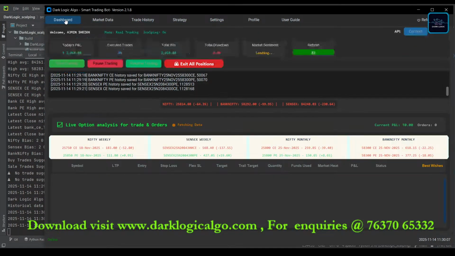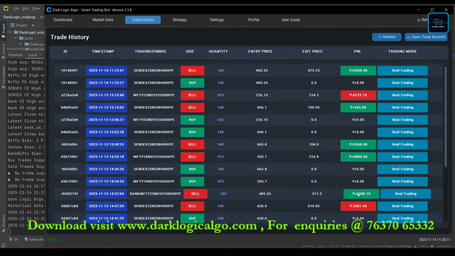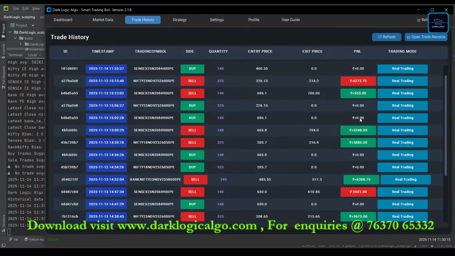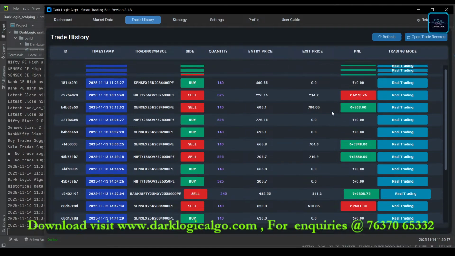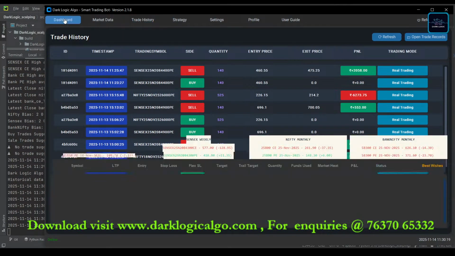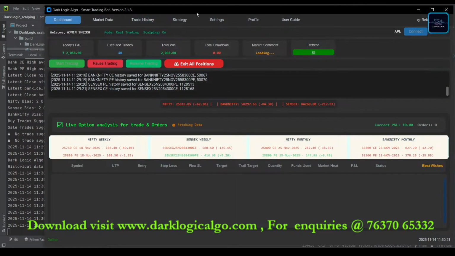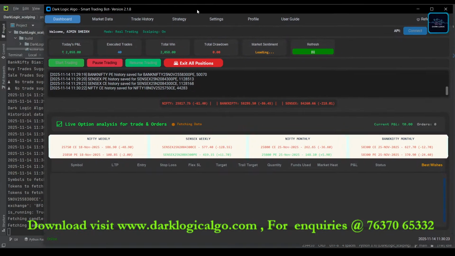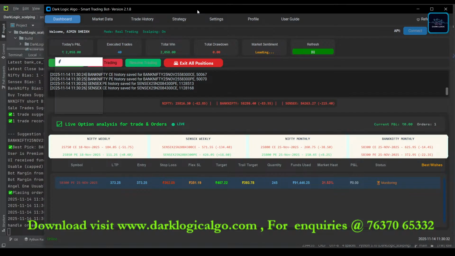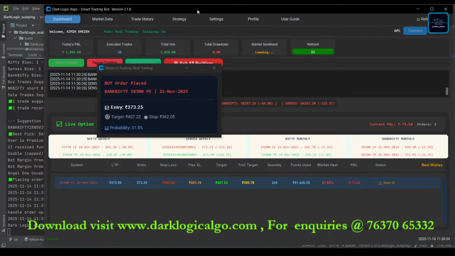So in the trade history you can see your past trades, how the bot performed. So you can see the bot is performing very well. And so we got another trade for Bank Nifty PE.